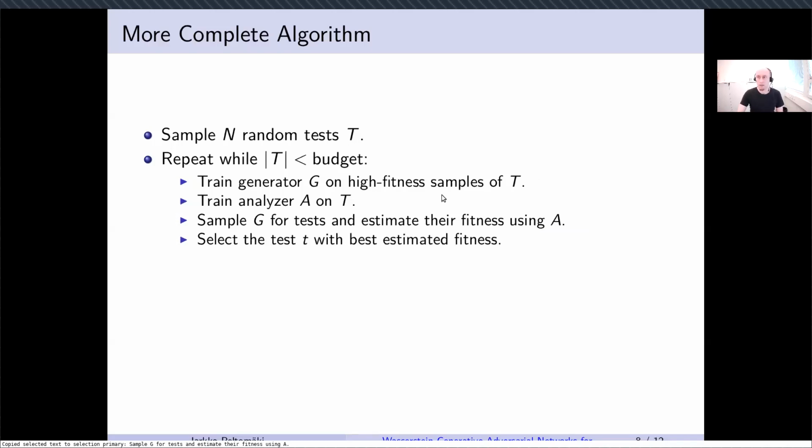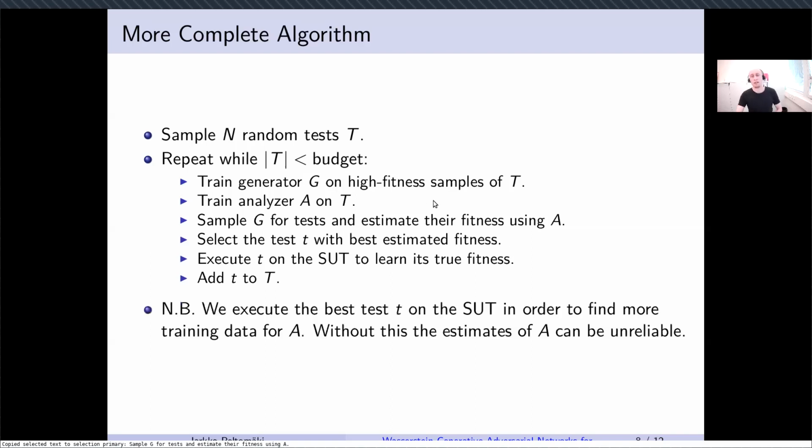Then we select the test with the best estimated fitness, obviously. We execute this selected test on the SUT to learn its actual fitness, then add this best test to our test suite, and keep going until we're satisfied.